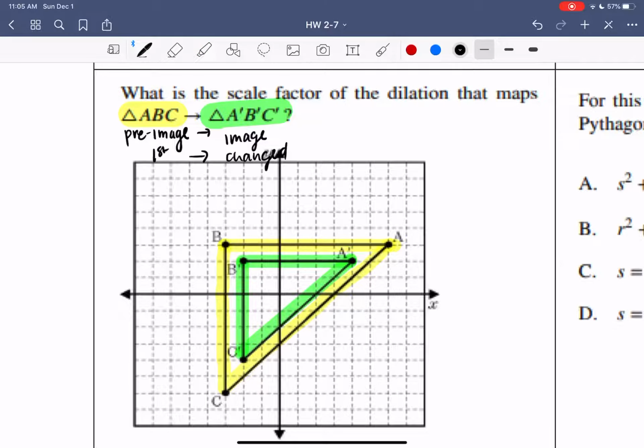So is it getting smaller or bigger? This one here is going to be a reduction, which means K is going to be between 0 and 1, because this one is getting smaller.